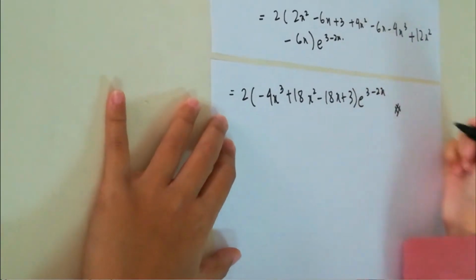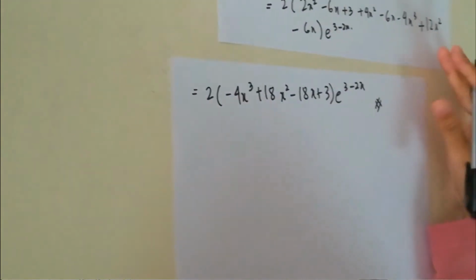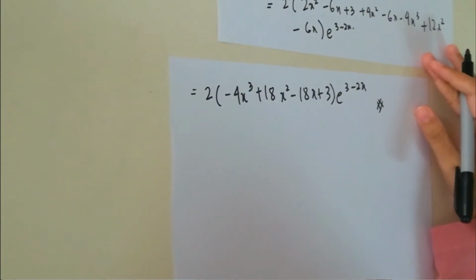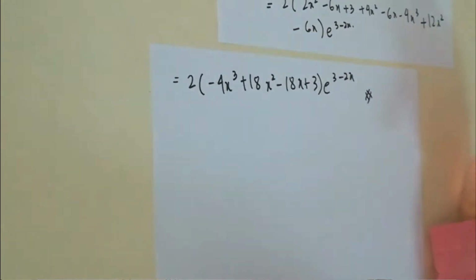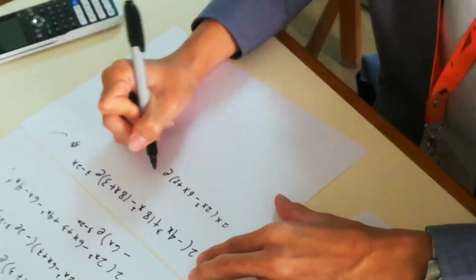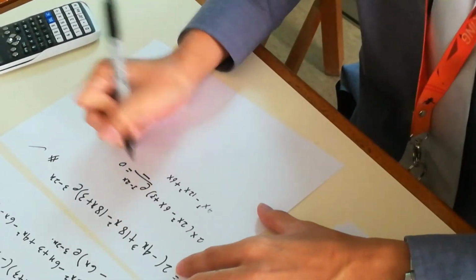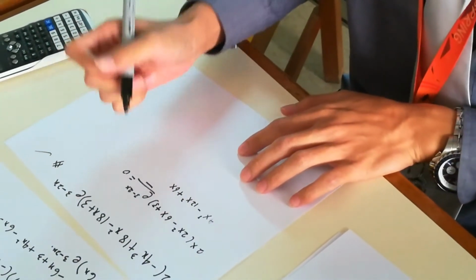The third derivative is to double check the x coordinate of the point of inflection. For the point of inflection, we let the second derivative equal to 0. This term is always positive, so we do not need to analyze it.